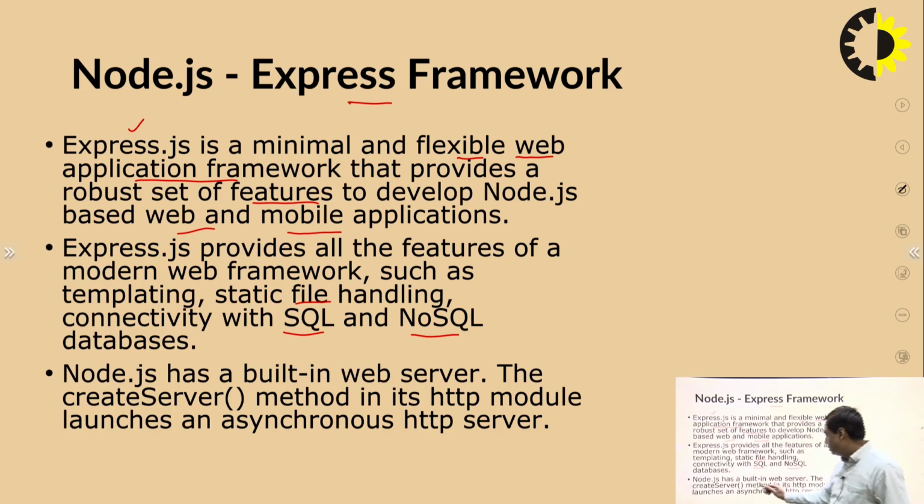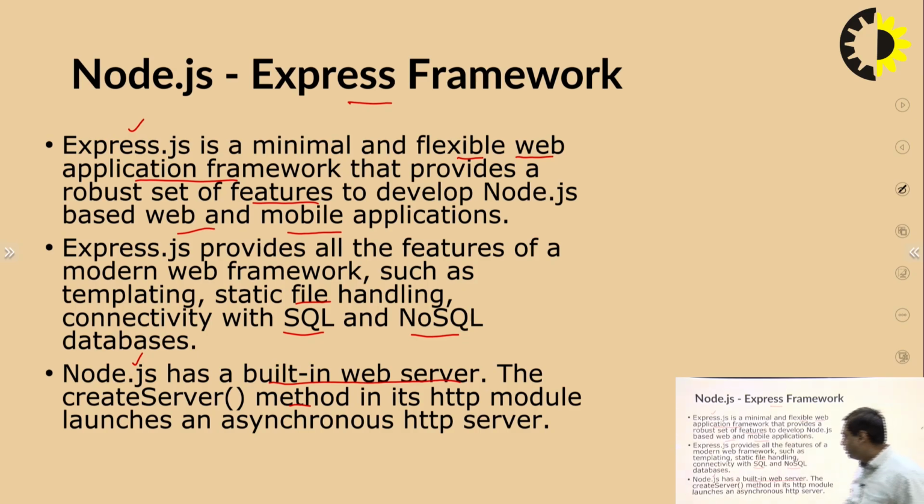Node.js basically has a built-in server. We already discussed in my lecture 1 what Node.js is. Node.js is basically server programming and it has an inbuilt server, so no need to install a separate server for Node.js programming.